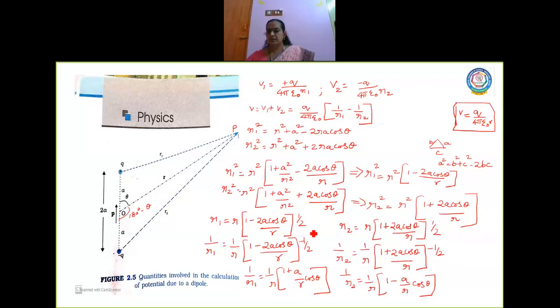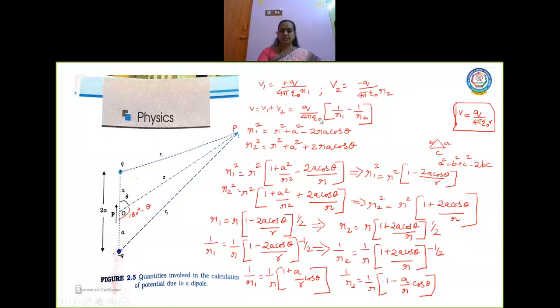Is it clear? So here I will write this arrow so that you understand better. Clear? Yes or no? Right, now what I am going to do is I am going to add both the values. So 1 by r1, 1 by r2 both to be added and substituted here.